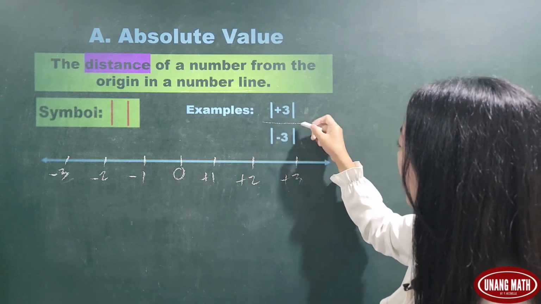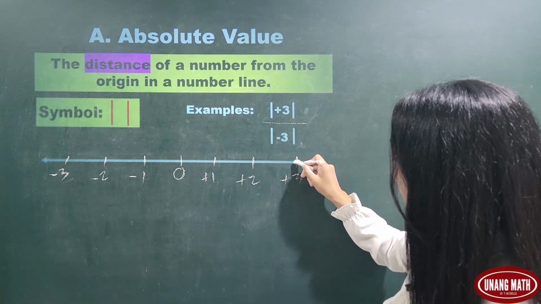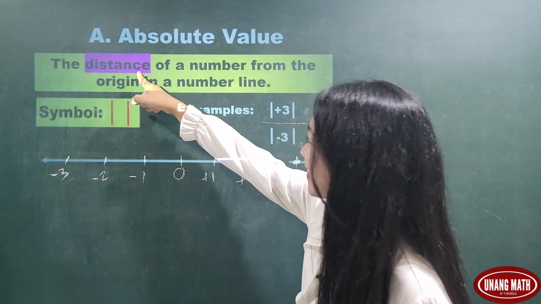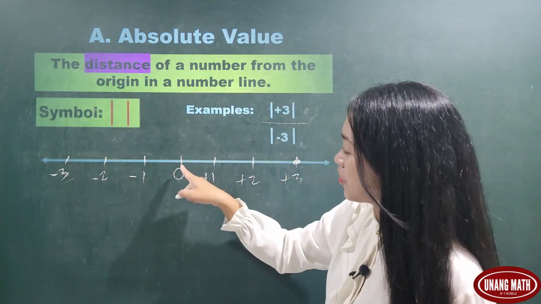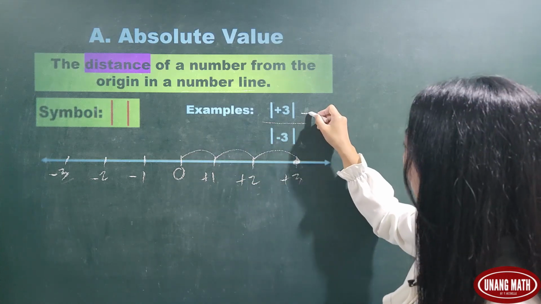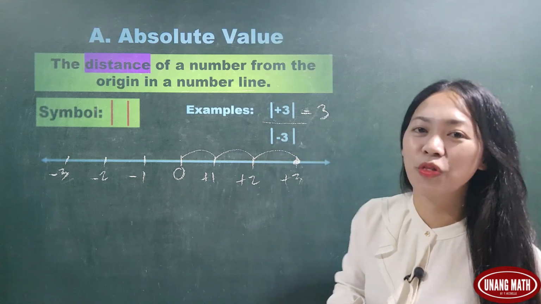Let's start with absolute value of positive 3. In our number line, positive 3 is this point. Now, what is the distance of positive 3 from the origin? 1, 2, 3. So the answer is 3. Absolute value of positive 3 is 3.